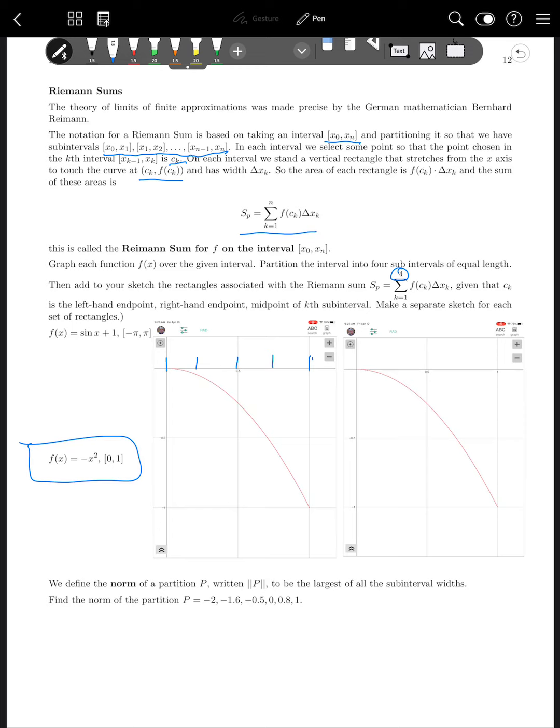Then the idea is to use the left-hand sum, the right-hand sum, or the middle. If we use the left-hand sum first, that means I'm going to make rectangles by starting at the left-hand side of each subinterval. That's going to give me my height. So my rectangles would look like this.